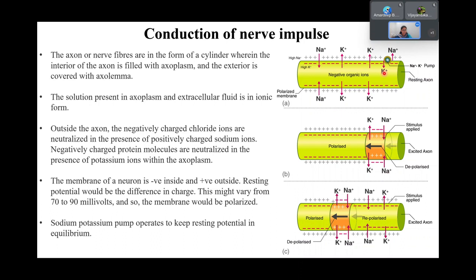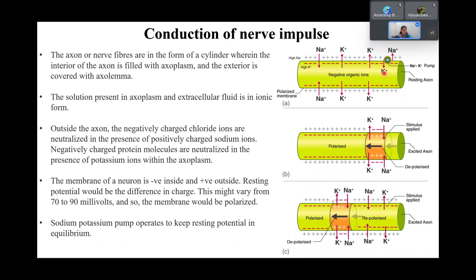So you have lots of sodium ions on the outside, while on the inside you have the potassium ions which are neutralizing the chloride ions. So there are positive ions both outside and inside. Outside there are more sodium ions, inside there are more potassium ions.